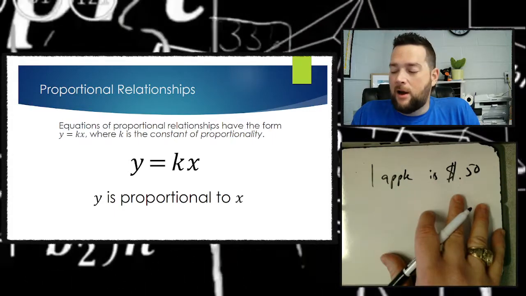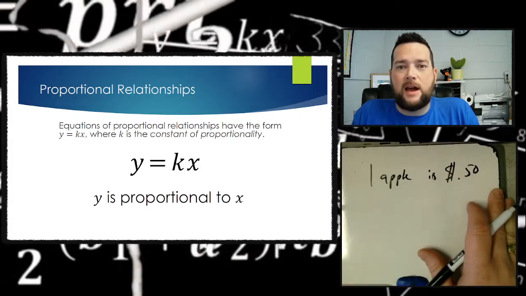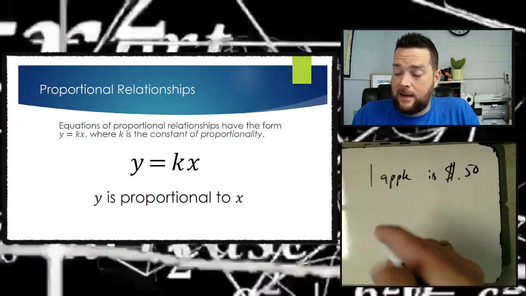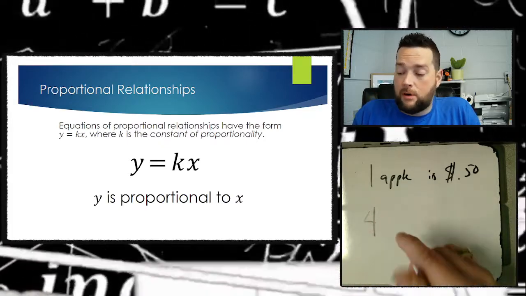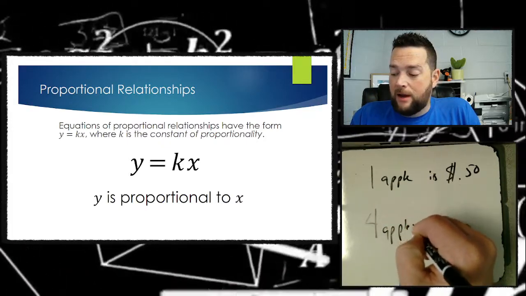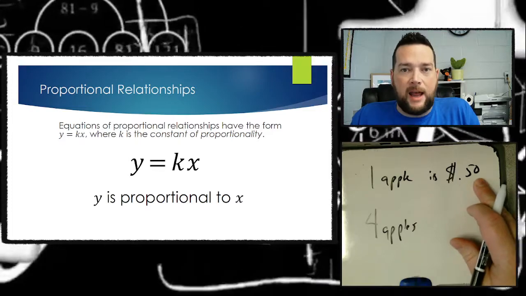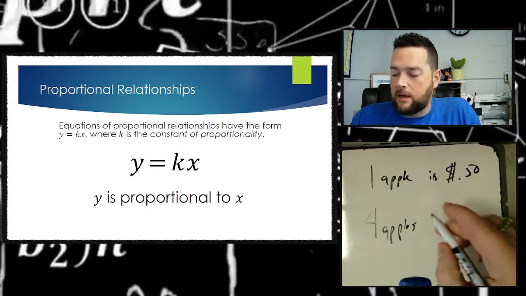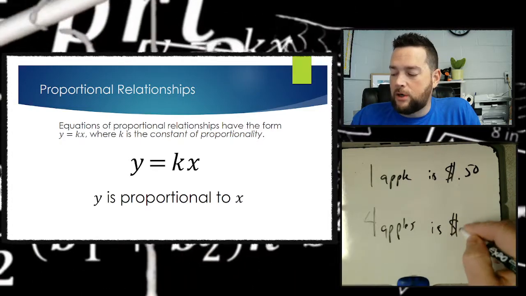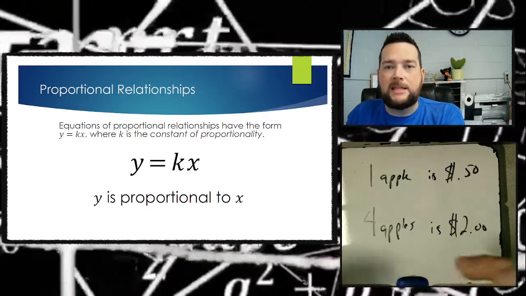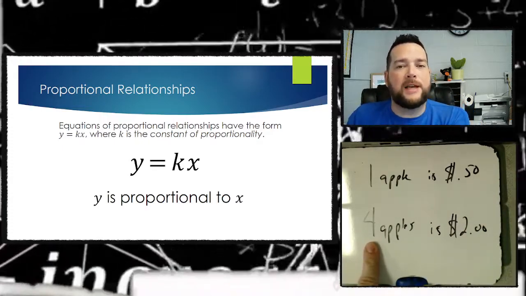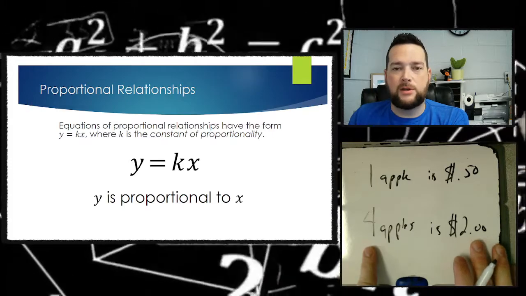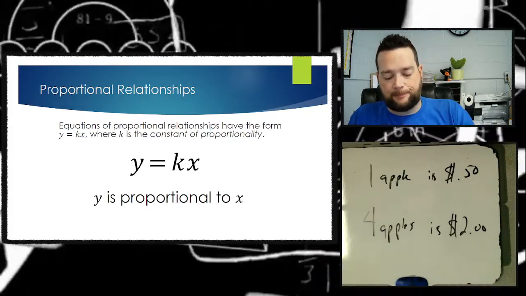One amount directly affects the other amount. Such that if I had 4 apples, that value now is going to directly affect how much money I'm going to have, the total cost. So the total cost is going to go up directly in sync with how many apples I get because these two amounts are linked together.